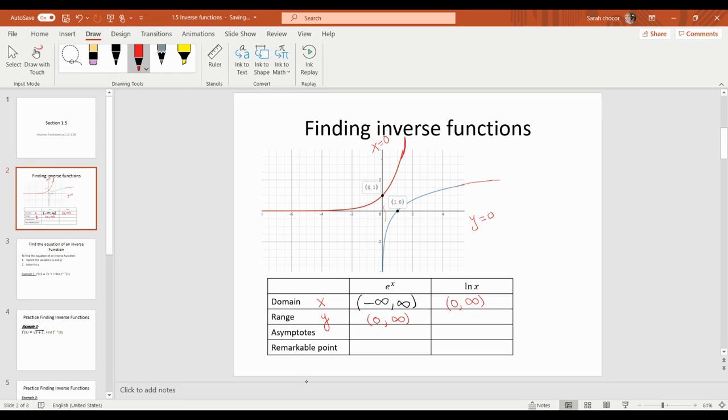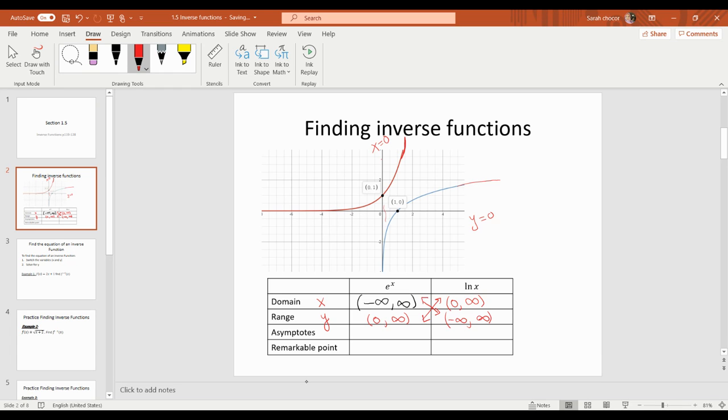And the range is bottom to top, so this blue graph goes all the way down to negative infinity, and it goes all the way up. It keeps going up and up to positive infinity. Now we can see a little pattern: if you look at the domain and range of the log function, you can see how they are switched around. The domain of exponential is the range of a log, and the range of exponential is the domain of a log.